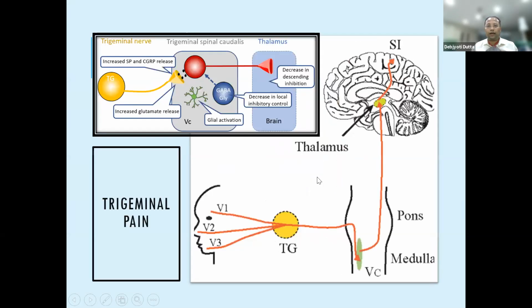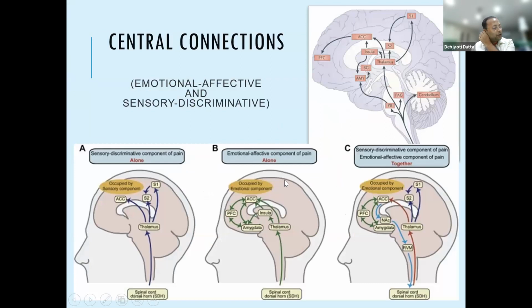As I told you, whether it is pain from the periphery or facial pain, the pathway continues this way. But about the central connections, this perception has two parts.